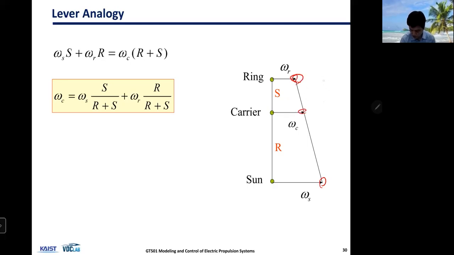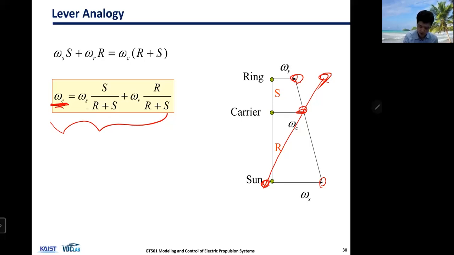Or when this becomes something like this, your ring gear becomes fast, the sun gear becomes slightly negative, and the carrier is a weighted sum of these two speeds. This is exactly what that means mathematically: the speed of the carrier is the weighted sum of the sun and ring gear speeds. S divided by R plus S, and R divided by R plus S, is the weighting of each node.